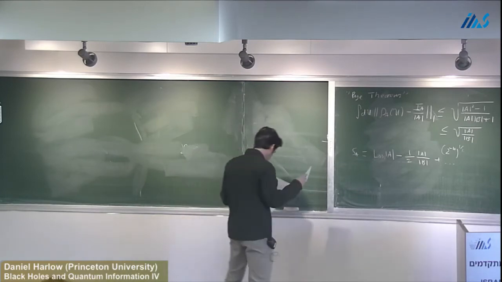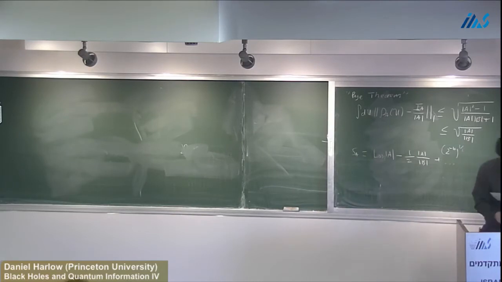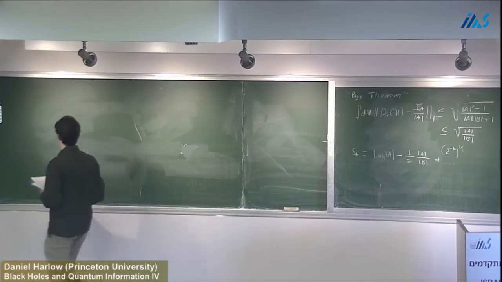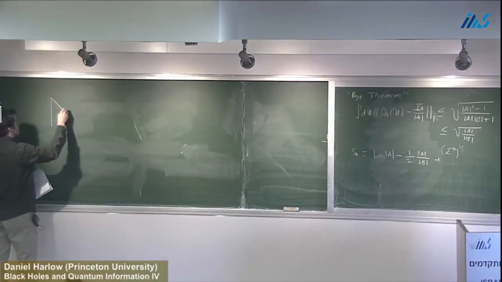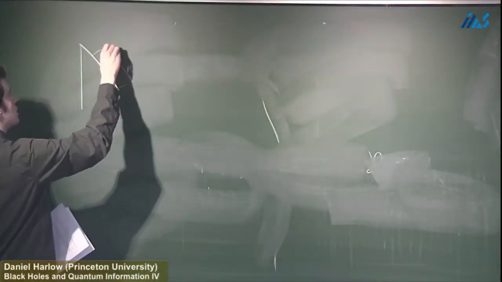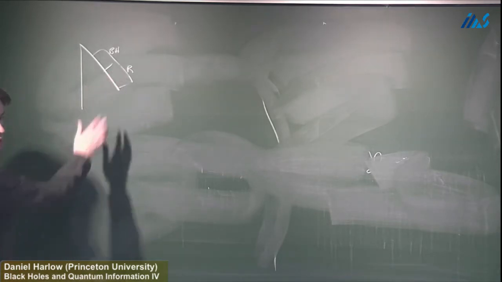Okay, so now this is a little bit awkward to say out, but I'll do my best. So the idea now is to look at this decomposition into R and BH, and then apply the theorem. So the idea is that whichever one of these guys is smaller is essentially going to be maximally mixed, which means that its coarse-grained entropy is going to be equal to its von Neumann entropy.